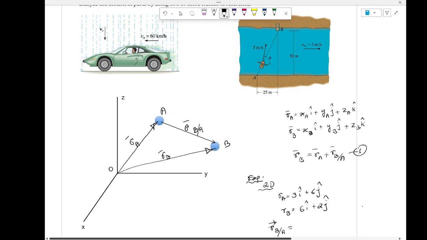The hint would be to rearrange equation number 1. I'm putting the arrow here. Rearrange it, so you can find RBA, which should be RB minus RA, right? All right, so then plug in the values now.